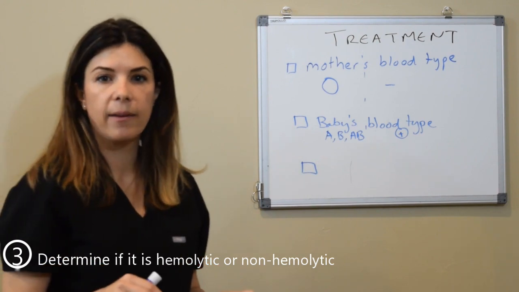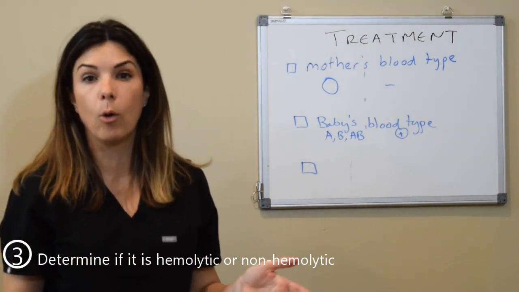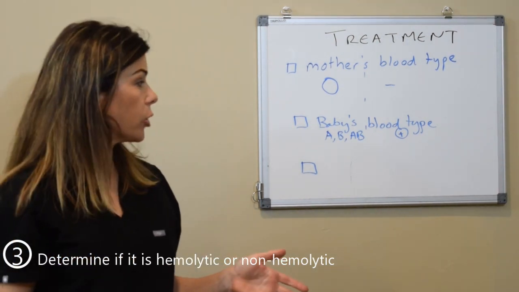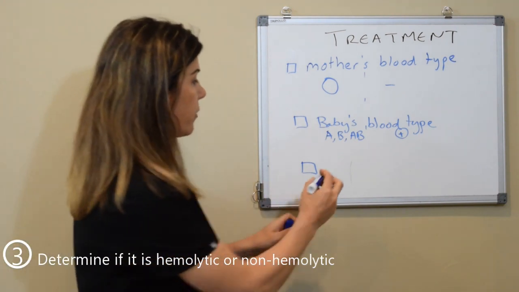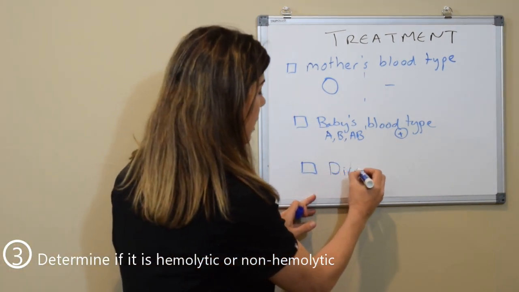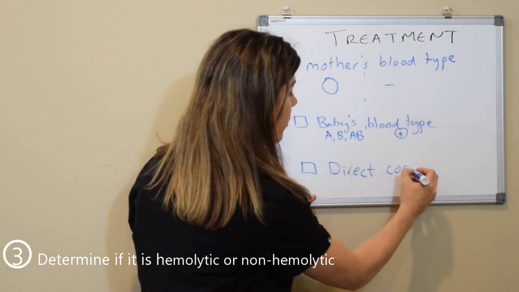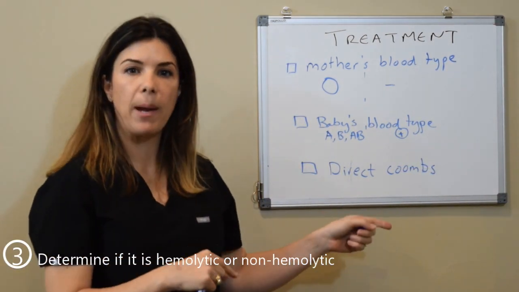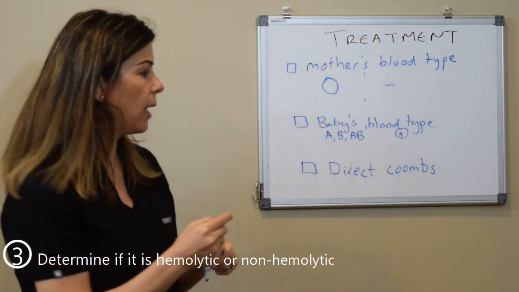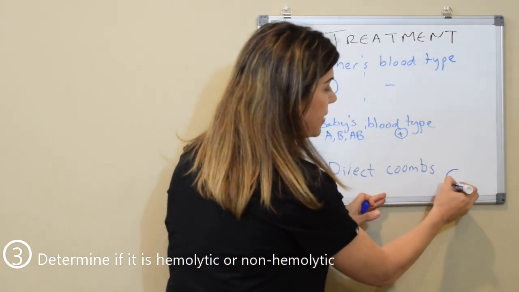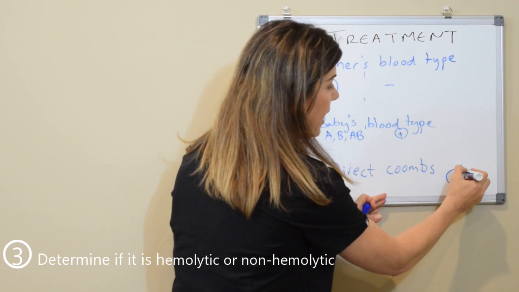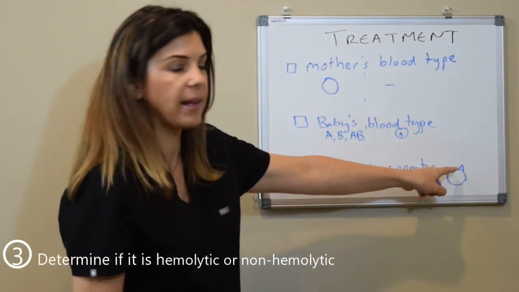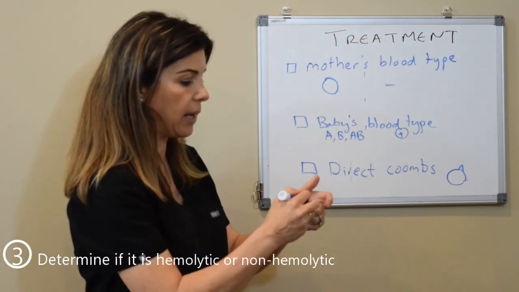There is another test that we do, and we do it really in all nurseries across the country, and that is something called the direct Coombs. The direct Coombs is a test done on the baby's blood, and it's testing whether the baby's red blood cell, so for example, let's say that the baby is A positive, so that's the little A antigen on the red blood cell.